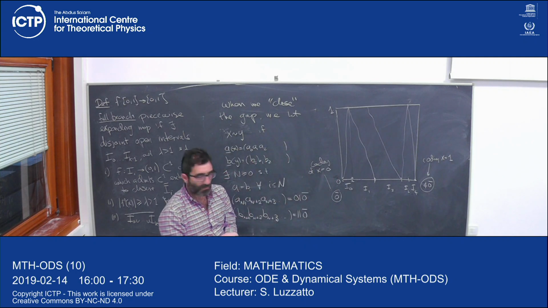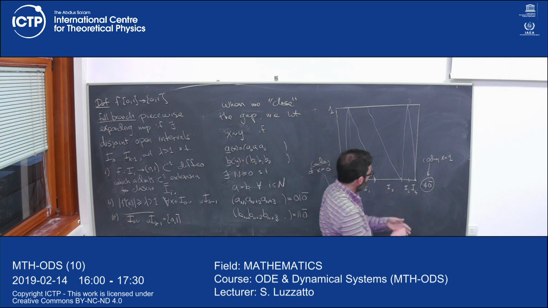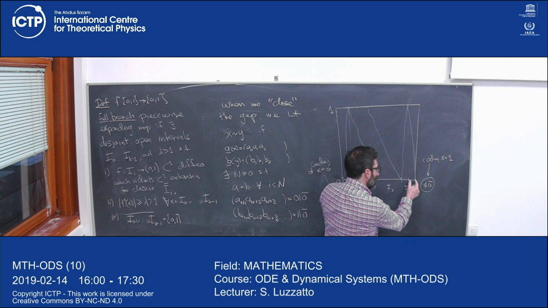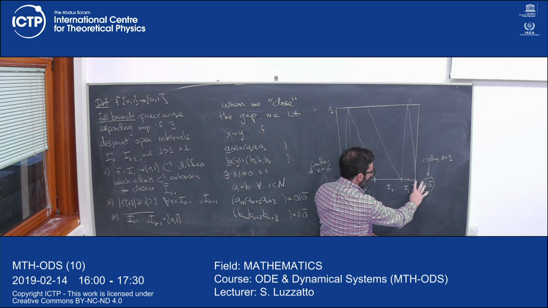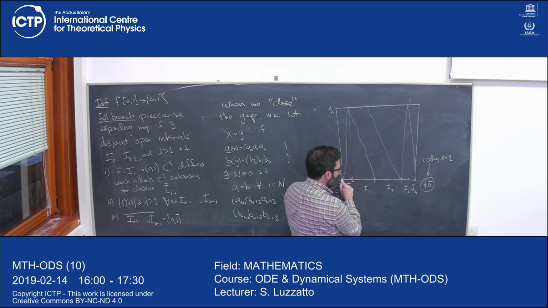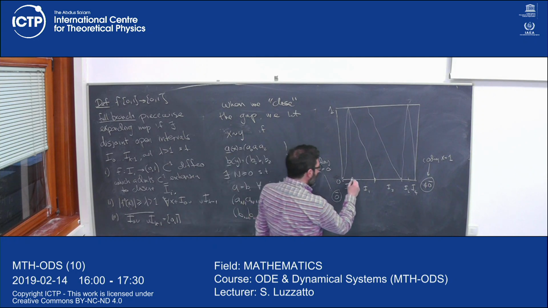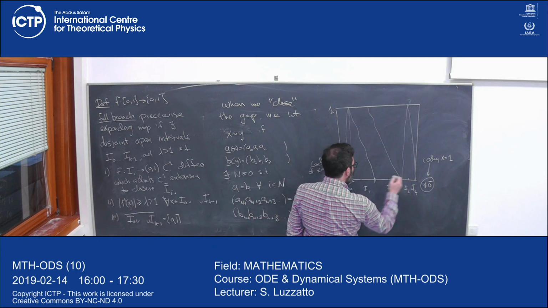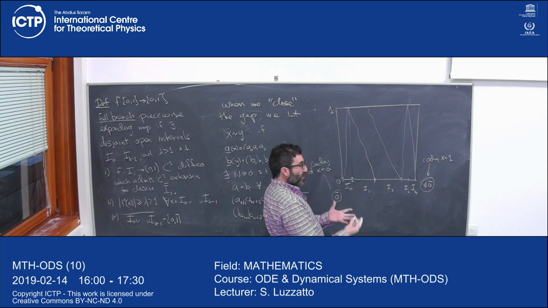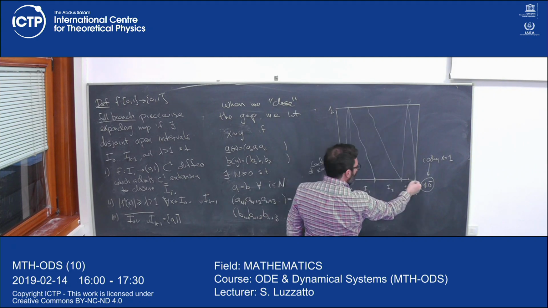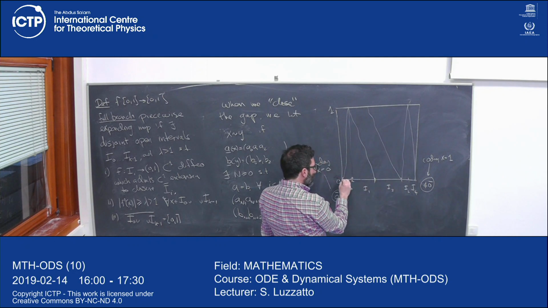You see this? Because here we're coding by 5 intervals, so this point belongs to I4 without any doubts, but then its image is 0, so we have 4 followed by 0. And now any of these endpoints has two possibilities. Either it maps to 1 or it maps to 0.